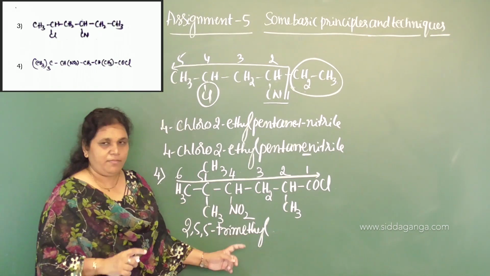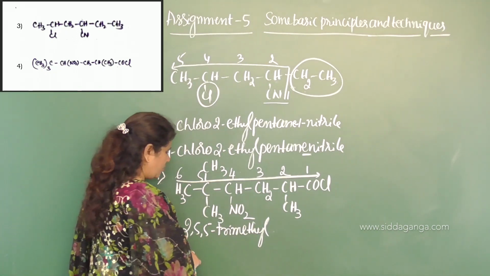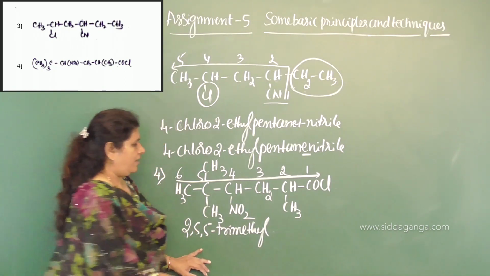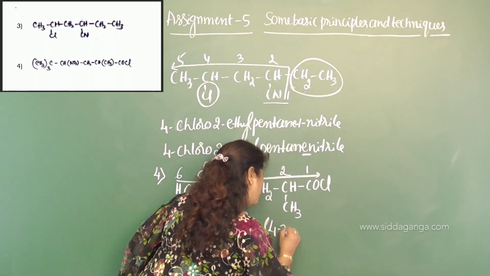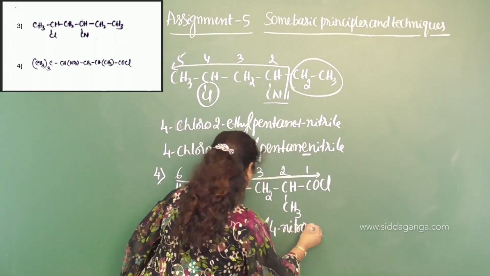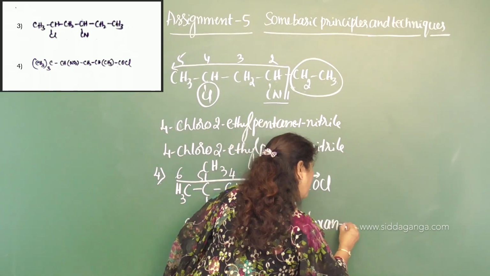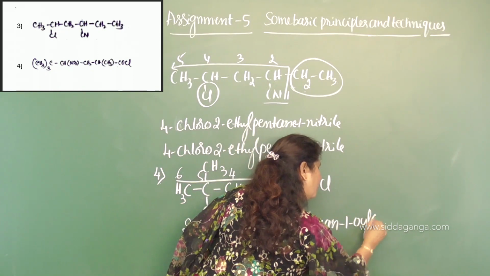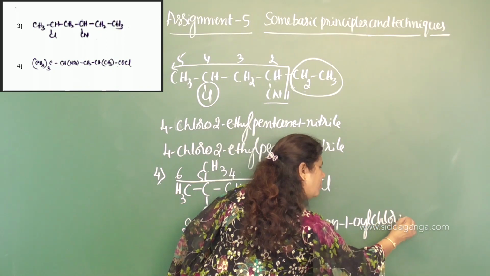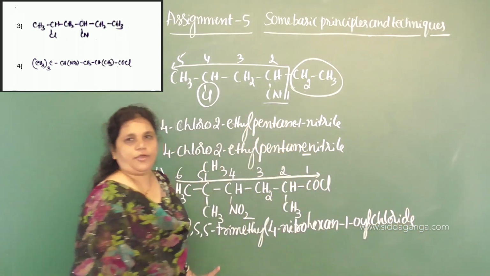It starts with M. So, therefore, M comes first. 2, 5, 5-trimethyl, 4-nitro, hexane, 1-oyl chloride. This is the IUPAC name.